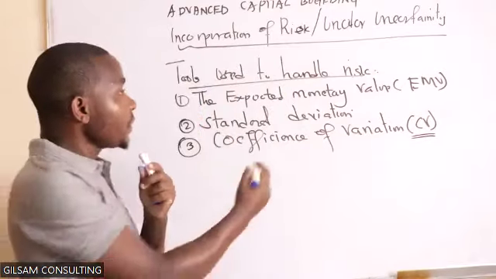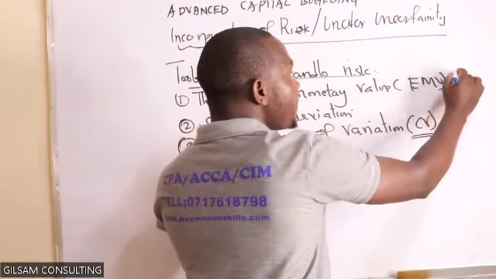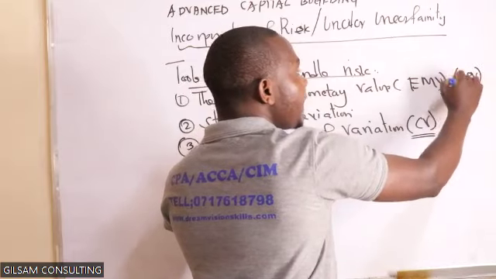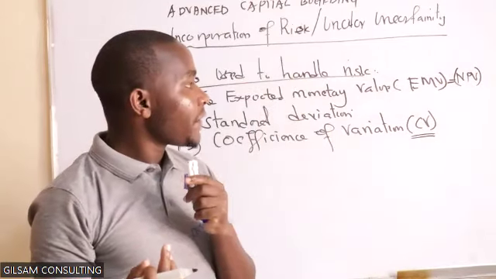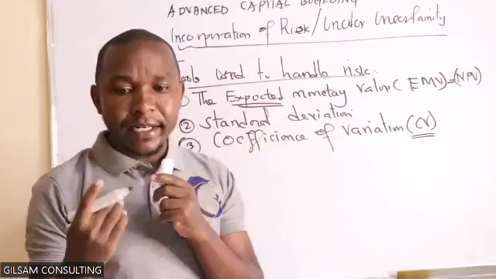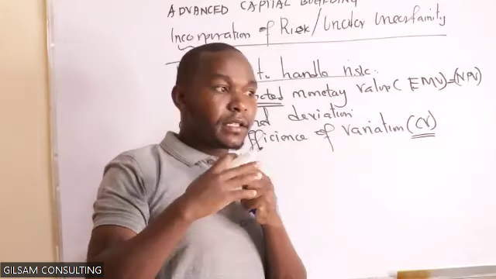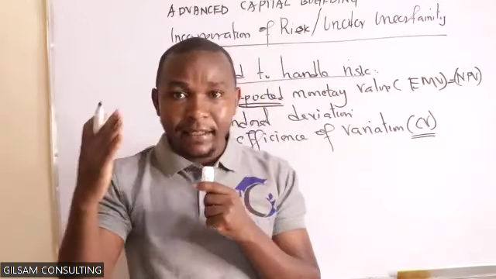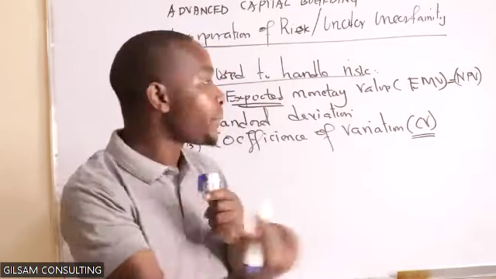When we talk of expected monetary value, this is just NPV, the net present value, but you must have the expected. Something you are expecting is associated with probability, because it is not something you know exactly will happen.